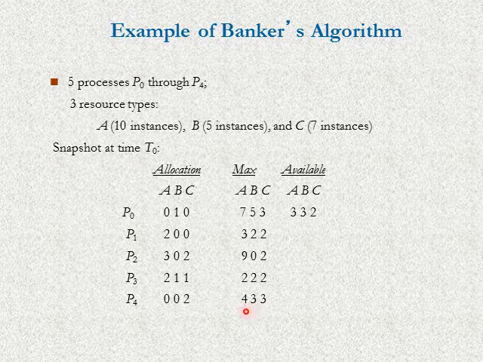So at any given time, these are the allocated resources. So at any point in time, P0 already has 0 instance of A, 1 instance of B, and 0 instance of C. So this matrix provides us the number of instances of each resource type that is already allocated to these processes.